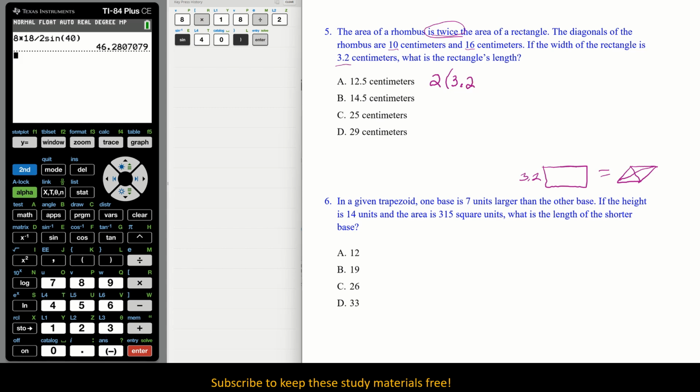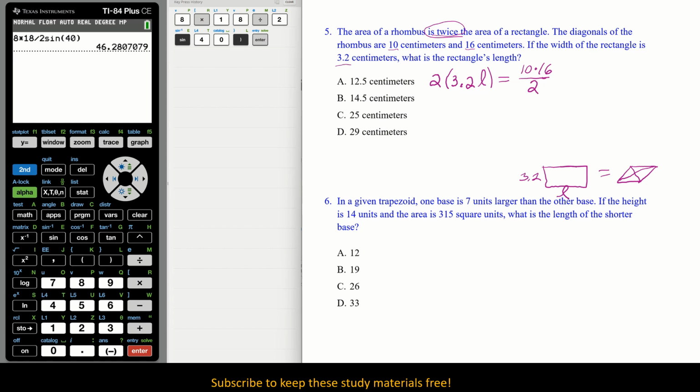And we know the area is base times height, right? So we don't know the base. Or rather, in this case, they're calling it length. So let's get rid of this and call it length. Okay? All right, yeah, what is the length? Okay, so we're just going to call that L. And that equals, now the area of a rhombus is diagonal 1 times diagonal 2, all divided by 2. Okay, all right. So there's a couple ways to deal with this.